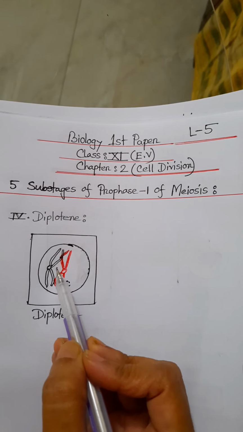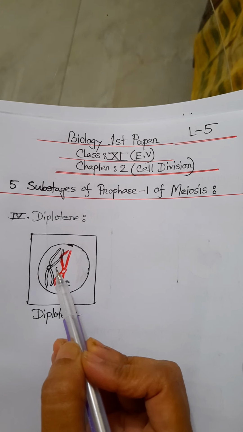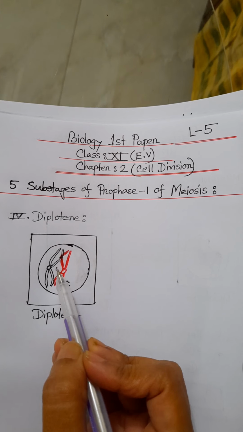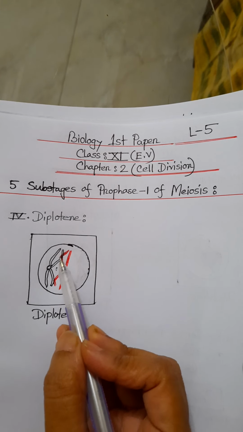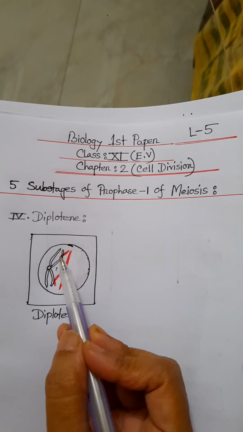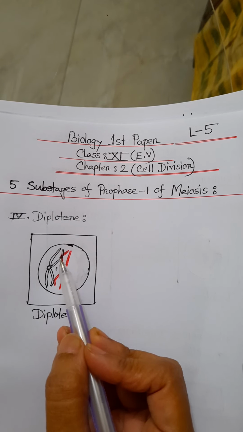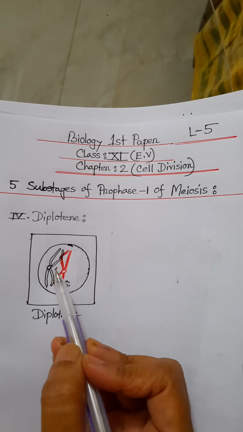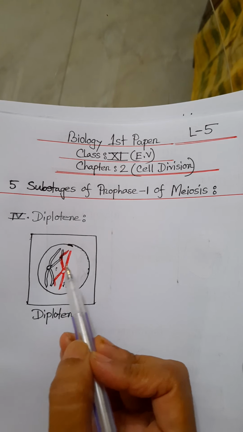Generally the chiasma become clearer and move to the poles.